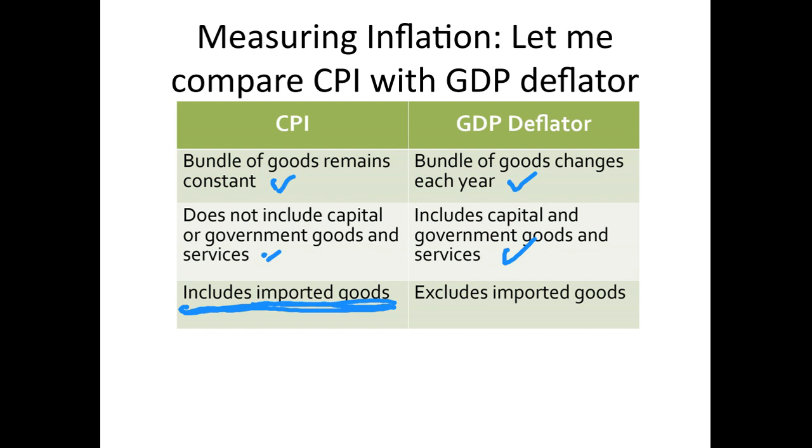But in GDP deflator, we actually don't include imported goods. Why? Because GDP is the production of all final goods and services produced within a country, not outside. But the consumer price index basket includes all those goods, doesn't matter where they are being produced, consumed by Canadians. So these are the three main differences.